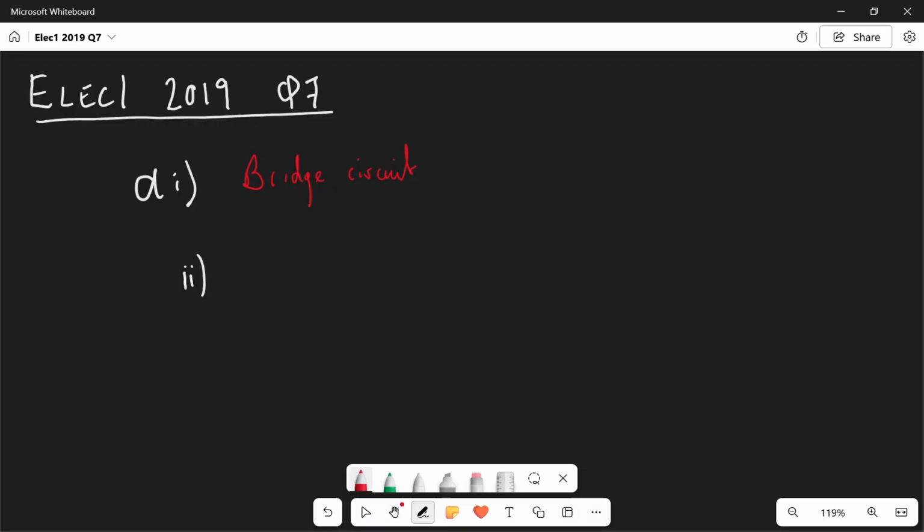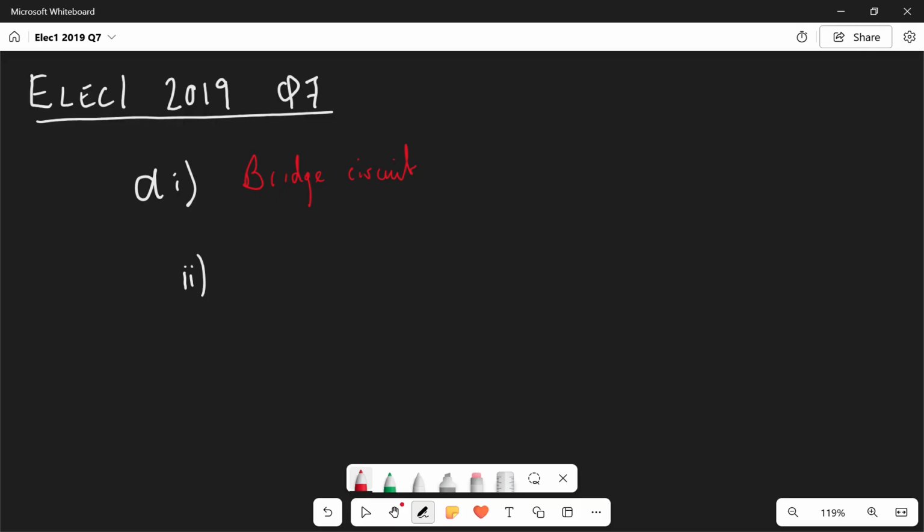Okay, part 2. Calculate the output voltage Vout when the variable resistor is set to a resistance of 2 kilo ohms and the thermistor has a resistance of 1.75 kilo ohms. Well, for this, what you need to recognize is that Vout is the difference between two potential dividers.